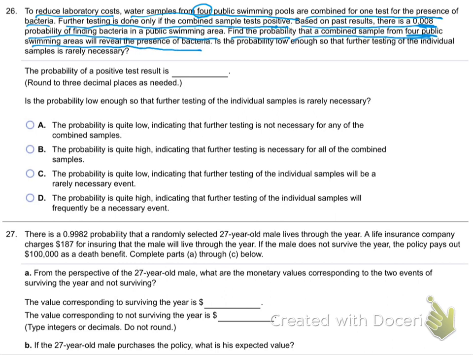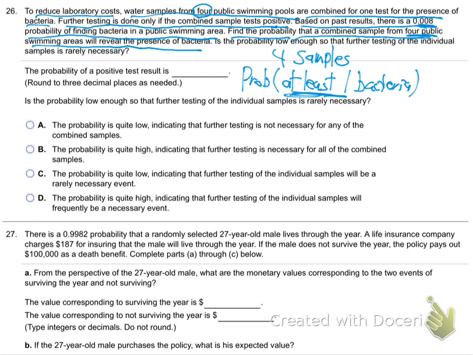What are they talking about? So they're basically taking 4 samples and they want us to find the probability that at least one has bacteria. Do you see how this is really an at least one question? At least one.